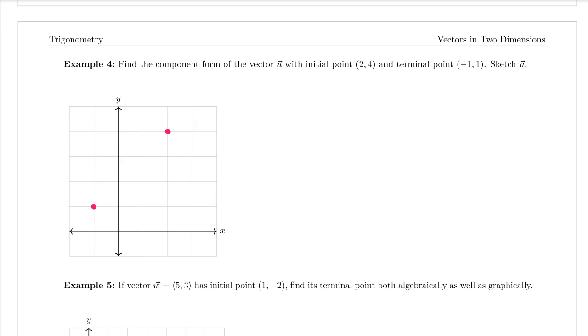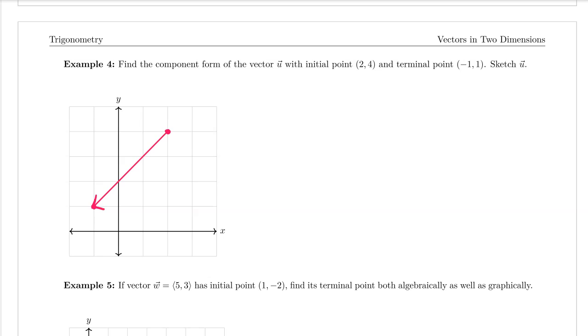Make sure you are paying attention, because with vectors, remember, the terminal point and the initial point are not interchangeable because vectors have direction. So we need to make sure we're drawing our vector in the correct direction.